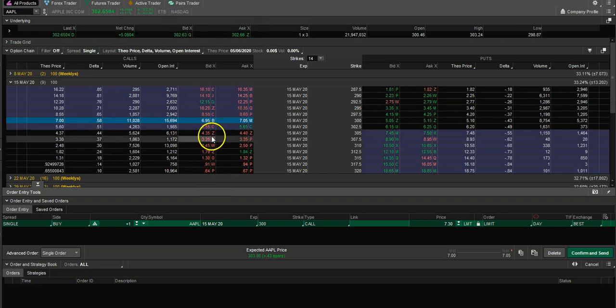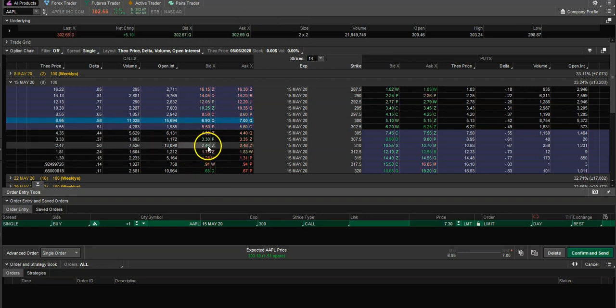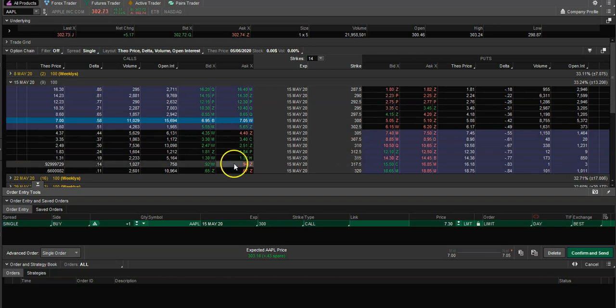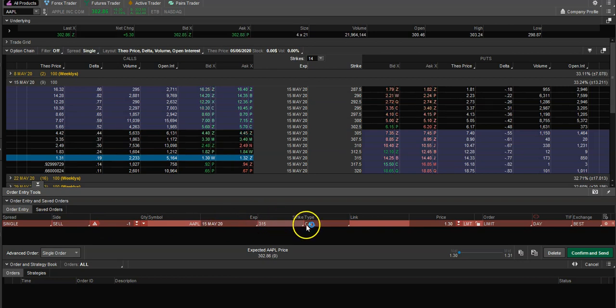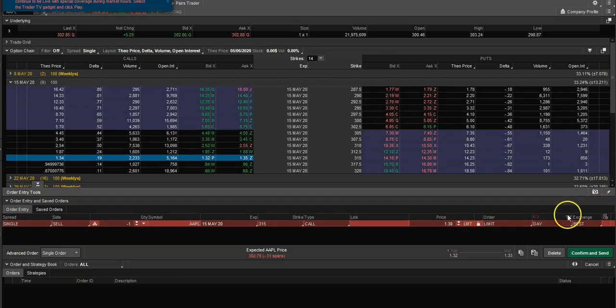So I could sit here and think about this for a minute. I could go and sell these 315 calls. If I sell them, you'll see I'm selling one Apple 315 call for $1.30.